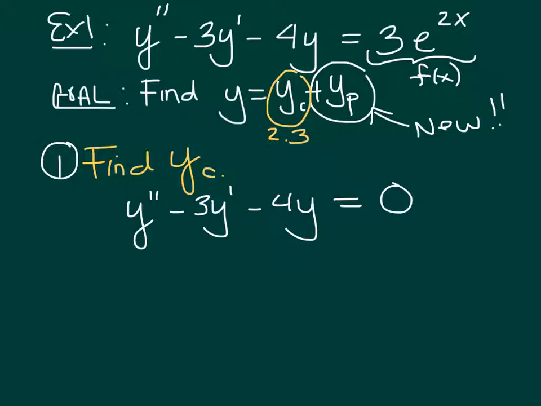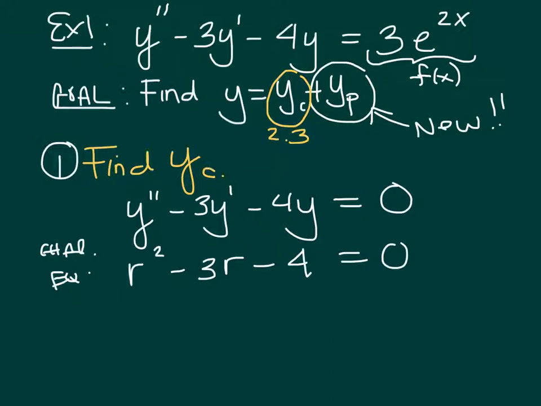Our characteristic equation is r squared minus 3r minus 4 equals 0, which is associated to this differential equation above.